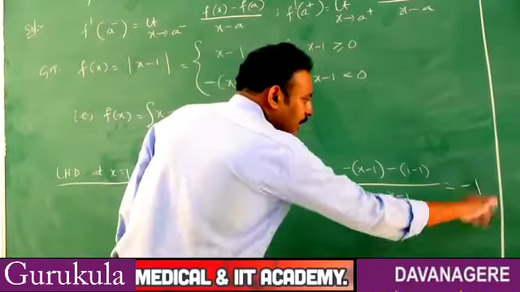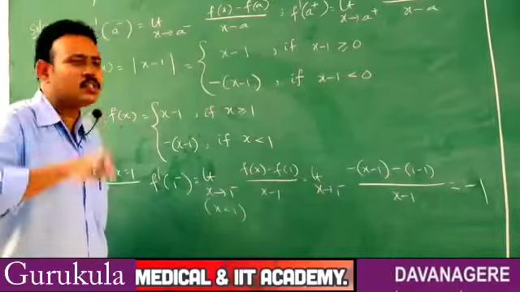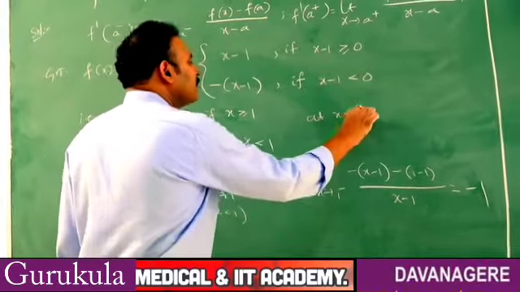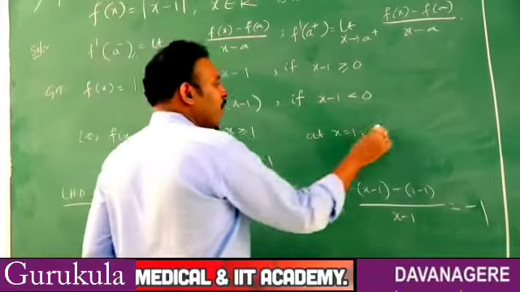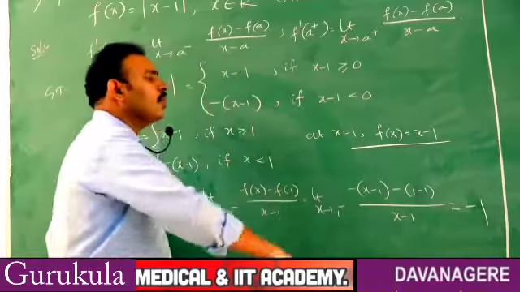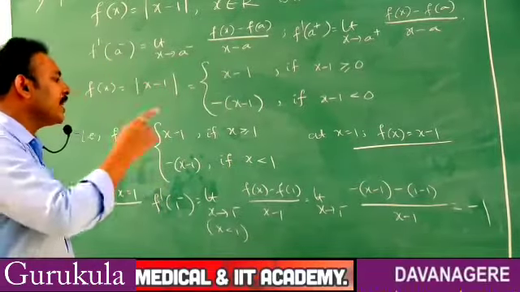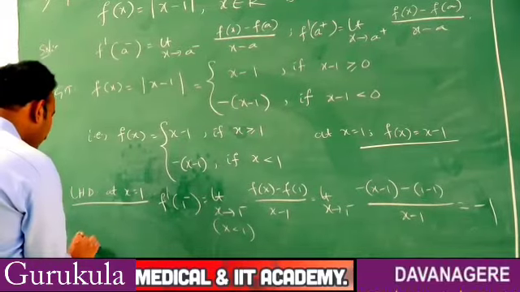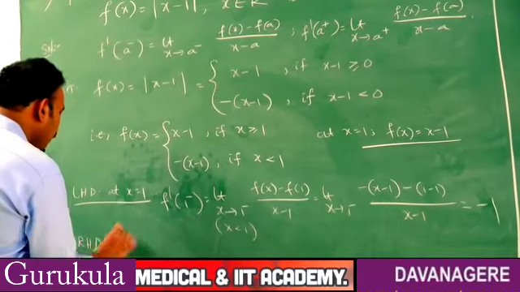Both are cancelled. We get minus 1. Here clearly at x is equal to 1, f of x is x minus 1. That is the left hand derivative value at x is equal to 1.